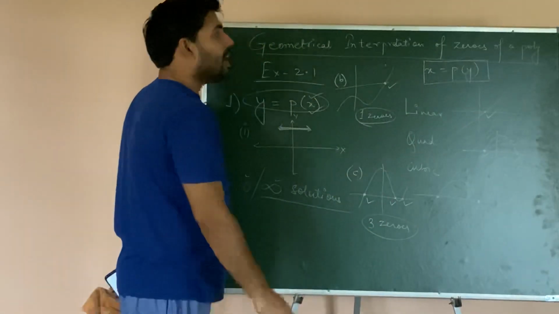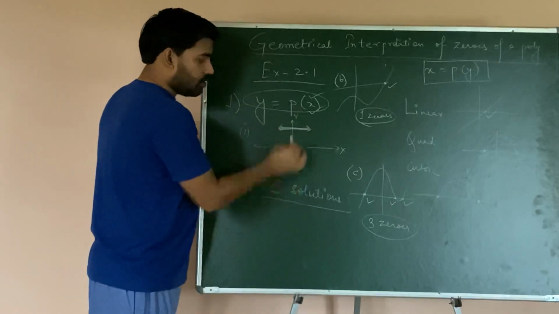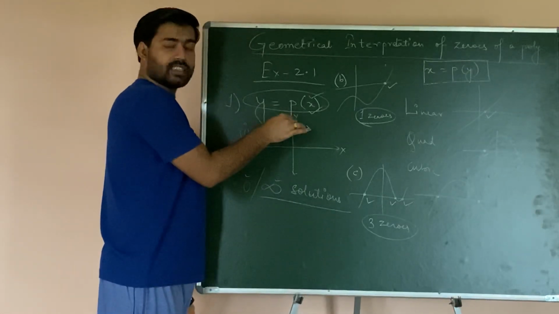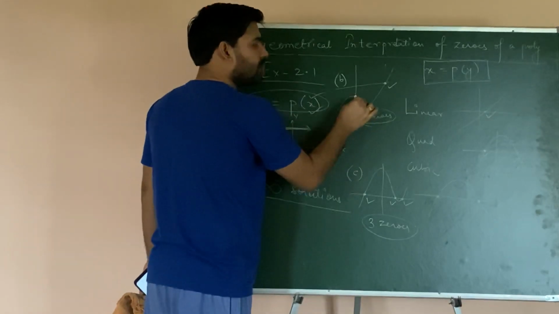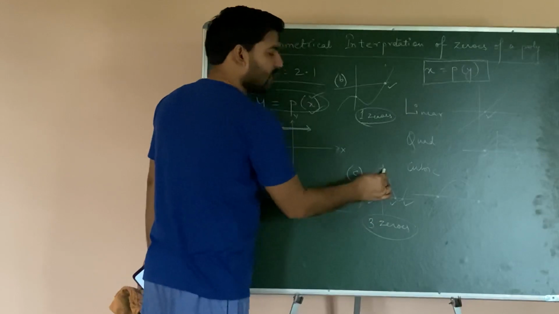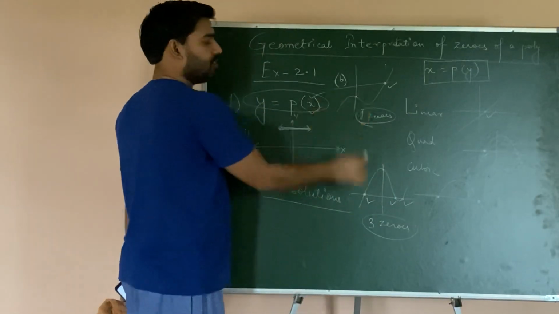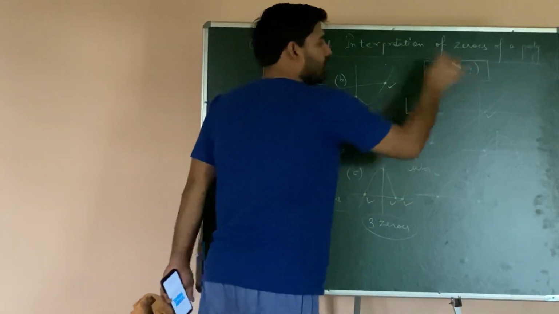So you will say at what point the y-axis is intersected. If I am looking at this graph, the y-axis is intersected at 1 point, so you will say 1 zero. Here again 1 zero, and here again 1 zero. So these three have 1 zero each, provided the polynomial is defined in terms of y.